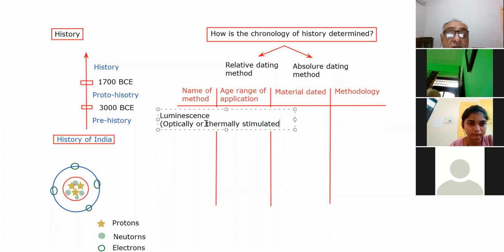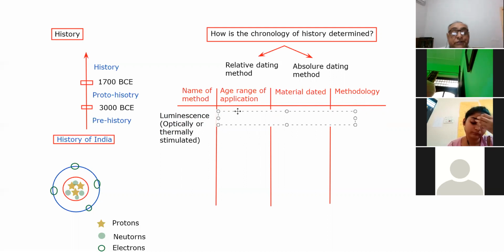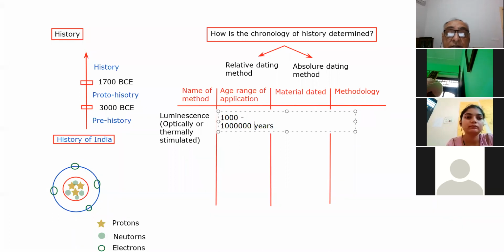Optical is related to light, thermal is related to heat, right? So this is used for determining the age of a material which is 1000 to 10 lakh years old.